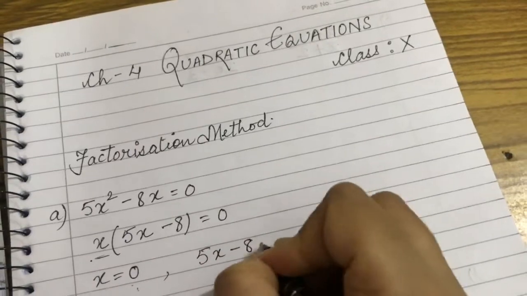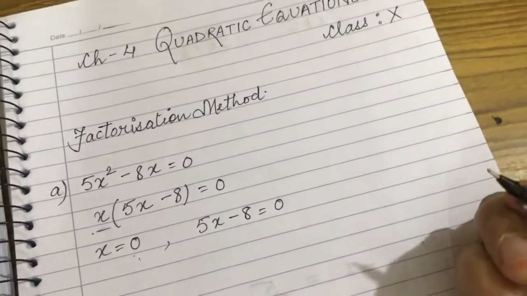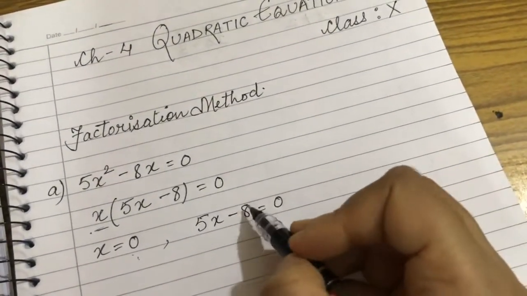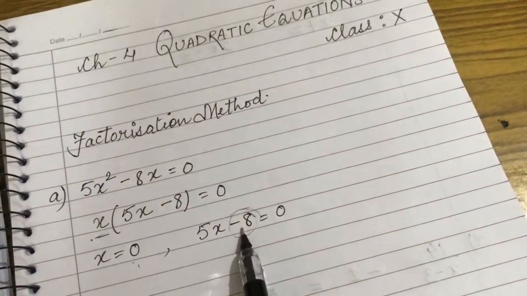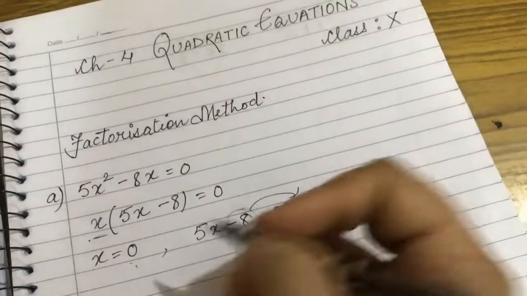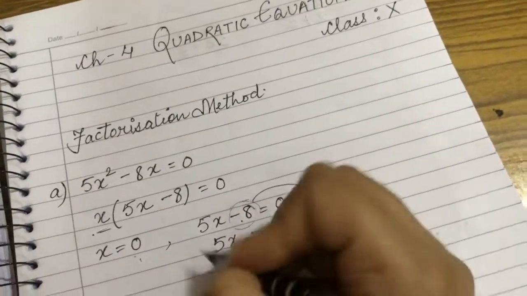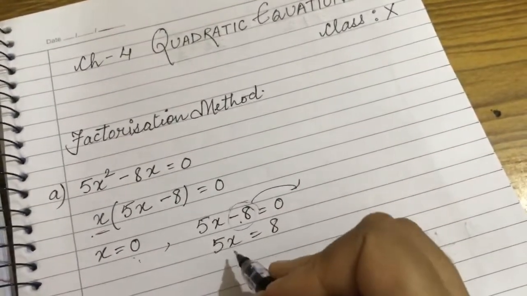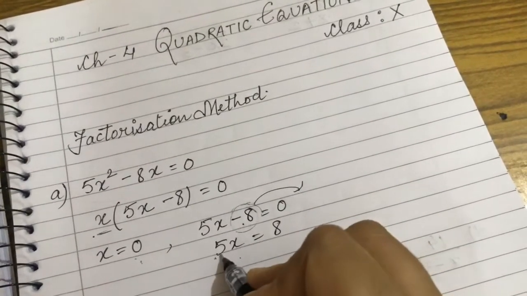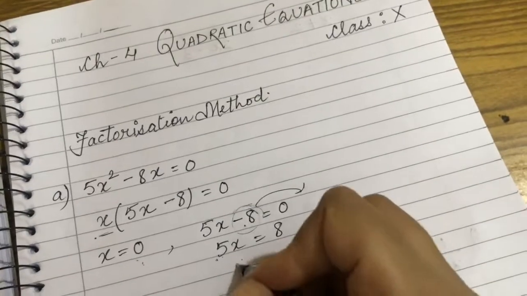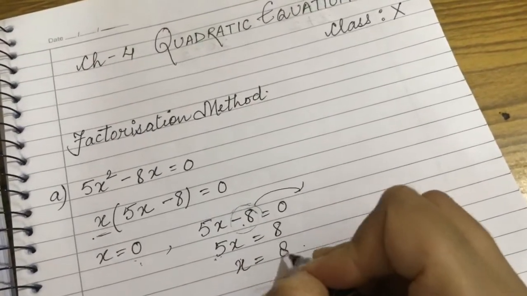And from here, by solving it, we will find the value of x. So we will shift this constant to the other side, and since it is negative here, it will become positive on the other side. So 5x is equal to 0 plus 8, which is 8. Now this 5 is in multiplication with x, so this 5 will go in division on the other side, so x is equal to 8 by 5.